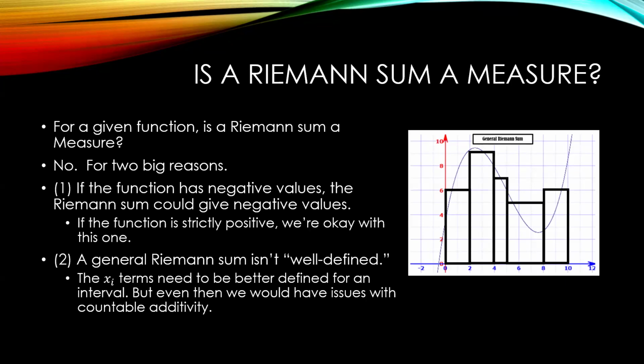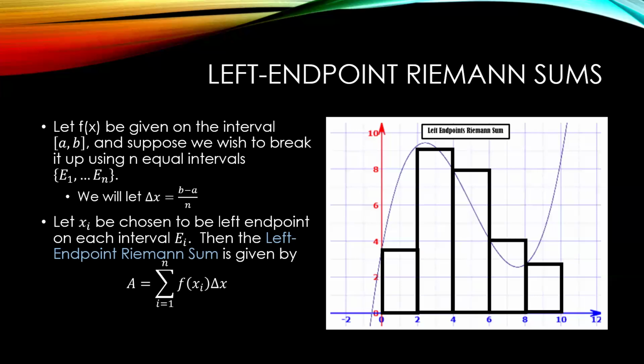The other issue is a general Riemann sum is not well defined. We're saying that we can choose any value from this interval and get an f of x from it. And that's a very large problem. And so generally, when we're talking about Riemann sums, we try and define them a little bit better. There's a lot of different types of Riemann sums. We can define Riemann sums based on the left endpoint.